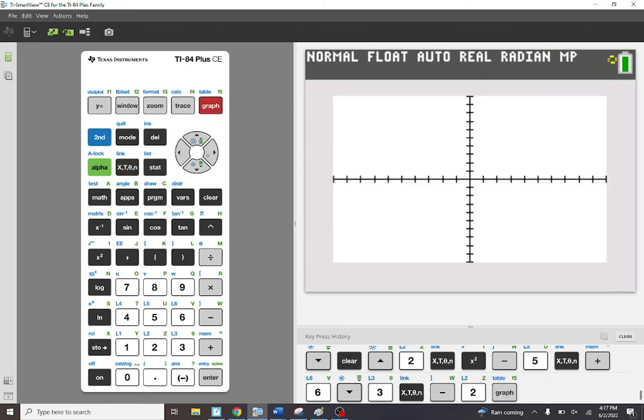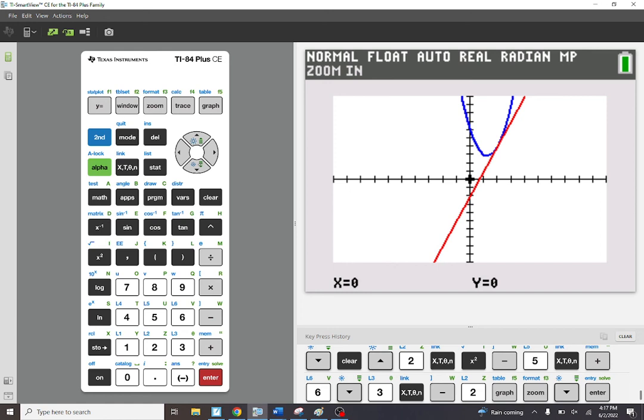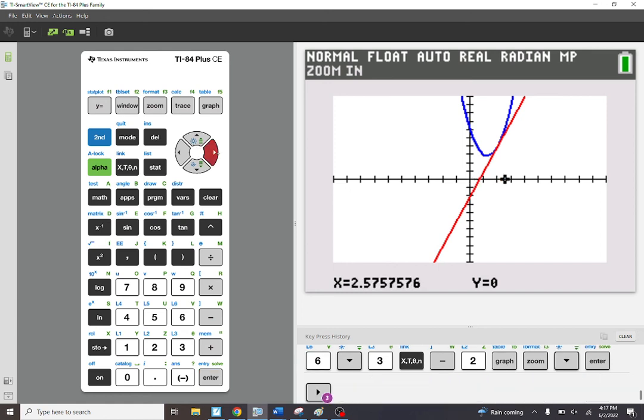All right, let's graph it, see if it's on the camera. This one is tough, right? So if you ever need to, you could click zoom in, so option 2 in this case. And then move your cursor kind of close to the intersection.